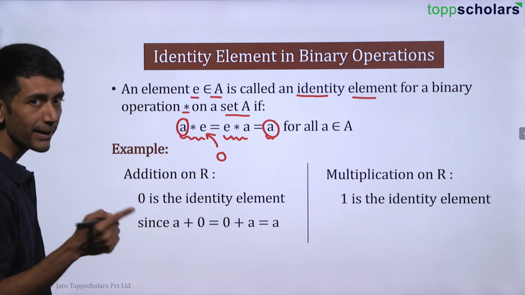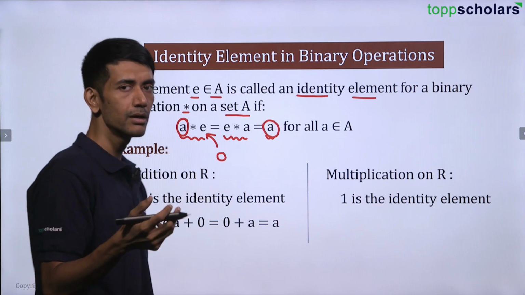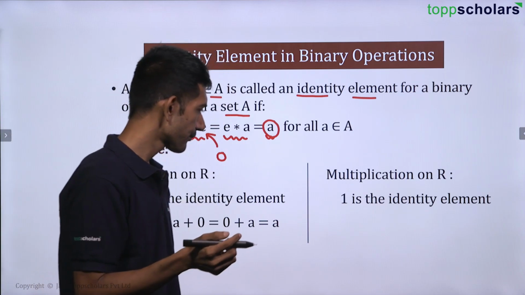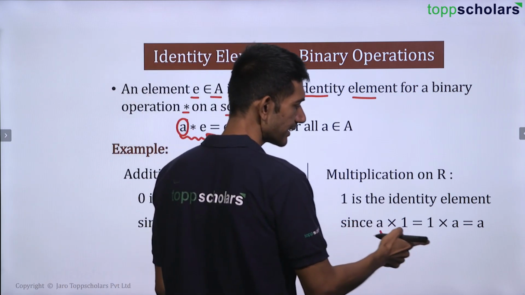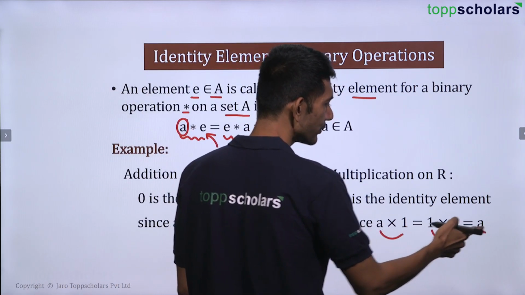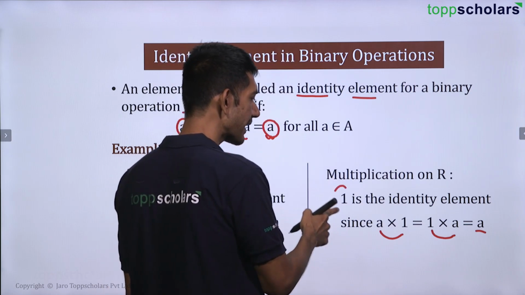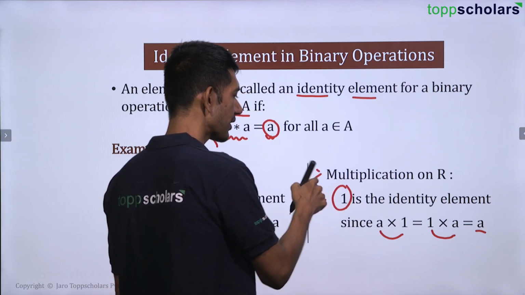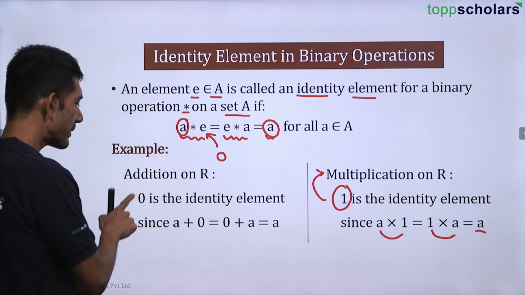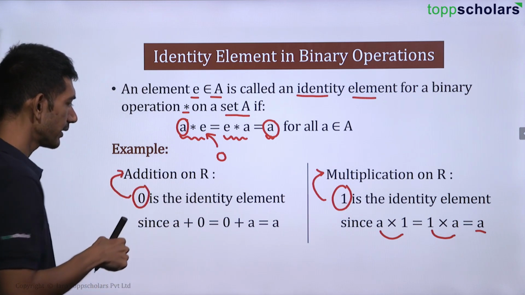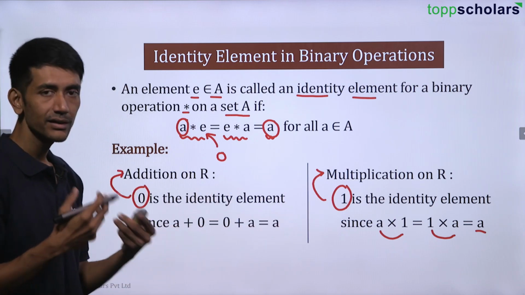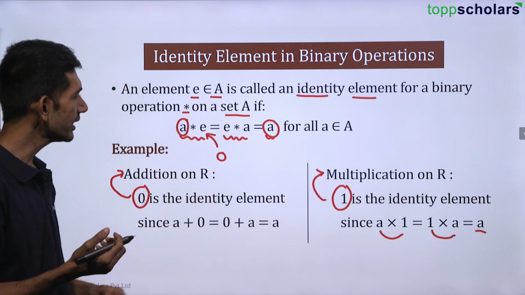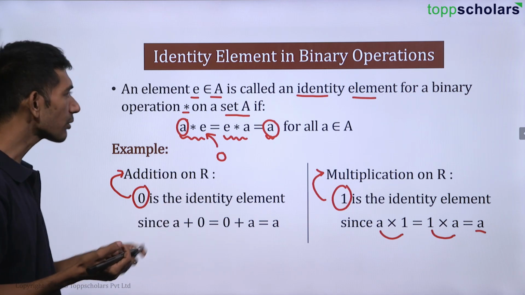Because 1 multiplied by some number gives you the same number. A multiplied by 1 is nothing but 1 multiplied by A, that gives you A. So 1 is the identity element, where? In multiplication. 0 is the identity element, where? In addition on R. So this is important. 0 and 1, where we are using that. That is your E here, depending on addition or multiplication.